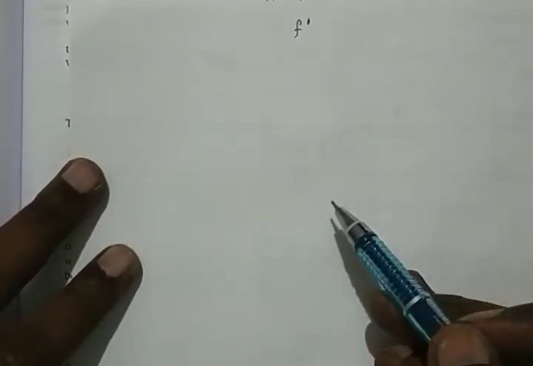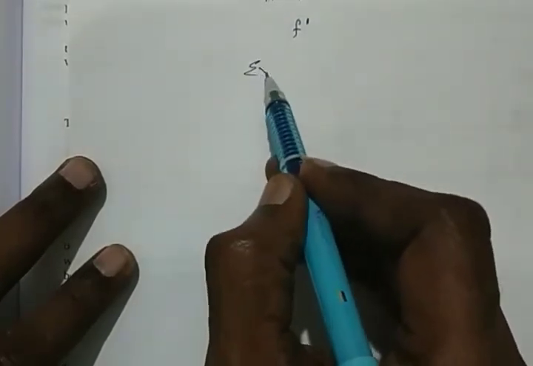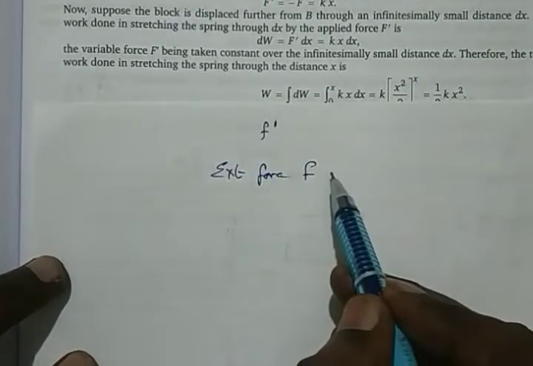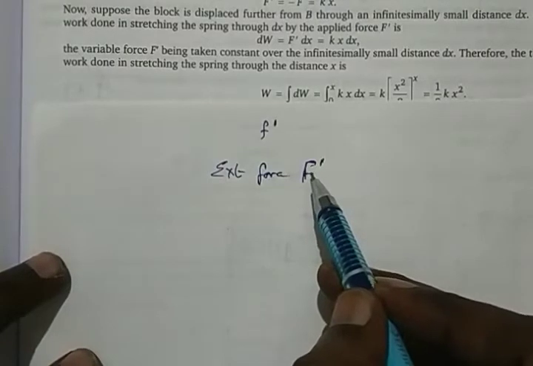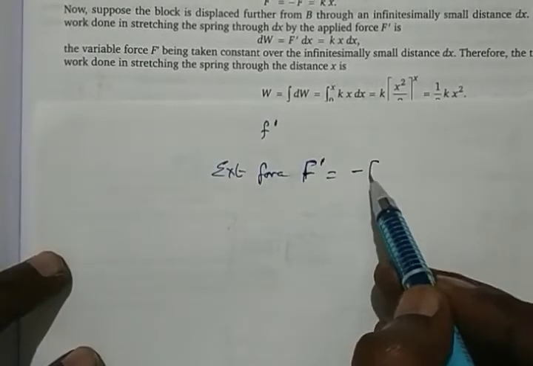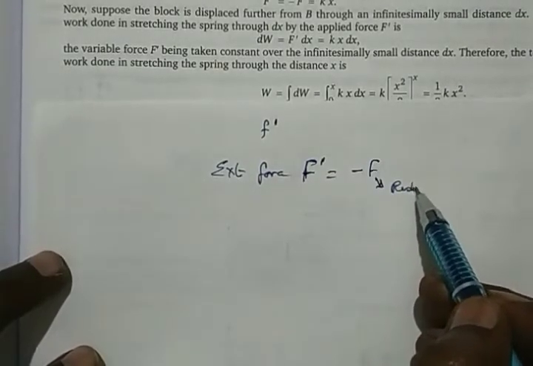The restoring force acts opposite to the external force. The external force F dash is equal to minus of F. What is this F? It is the restoring force.